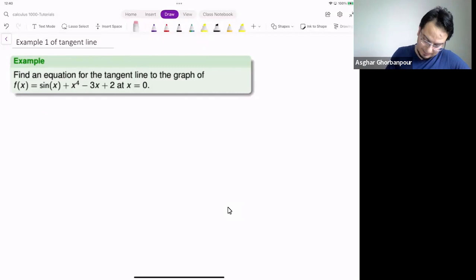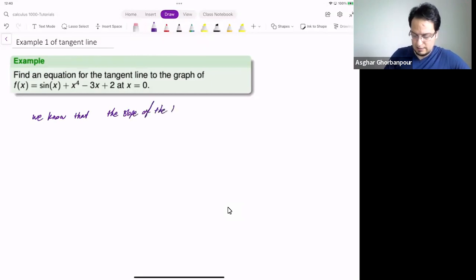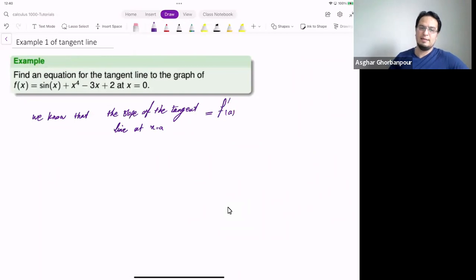Because we know that the slope of the tangent line at a point x equal to a is given by f prime at a. In this case, f is that given function, a is 0.